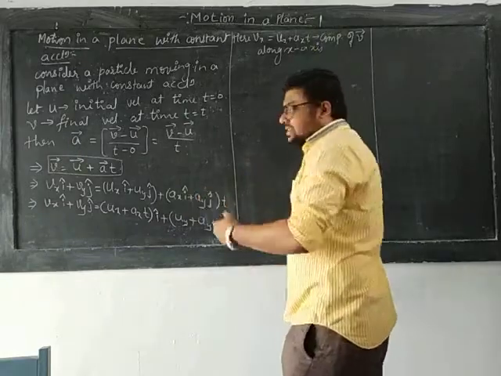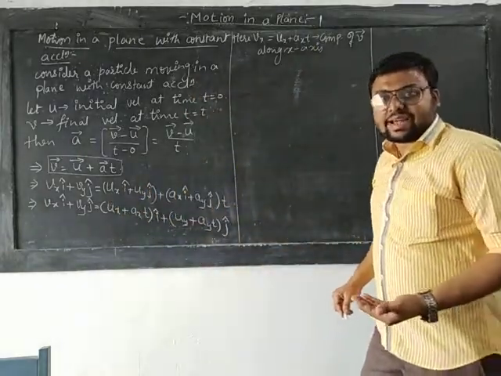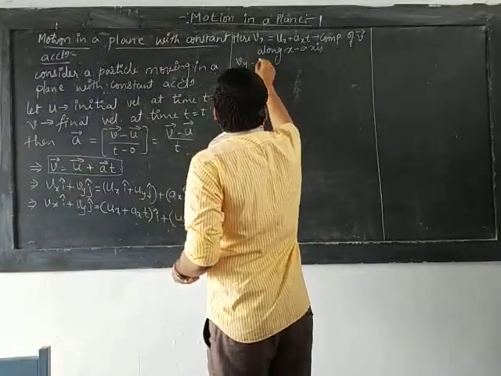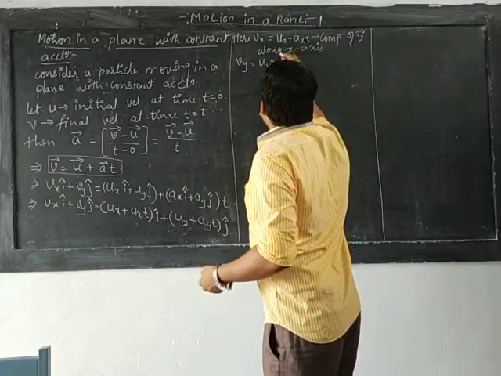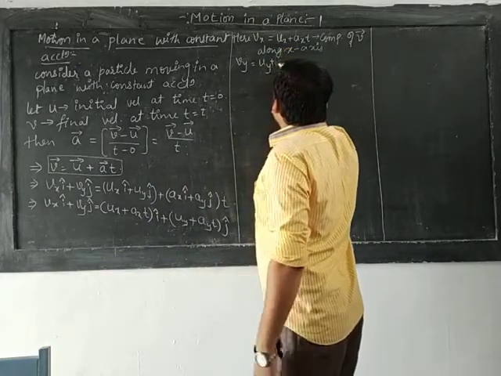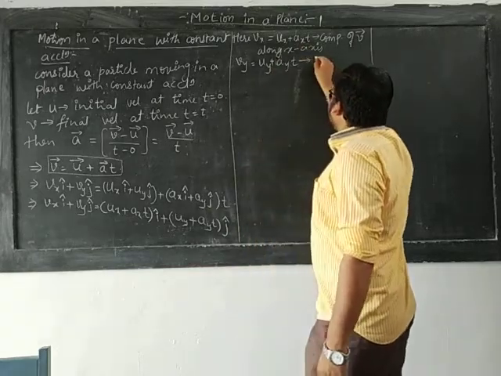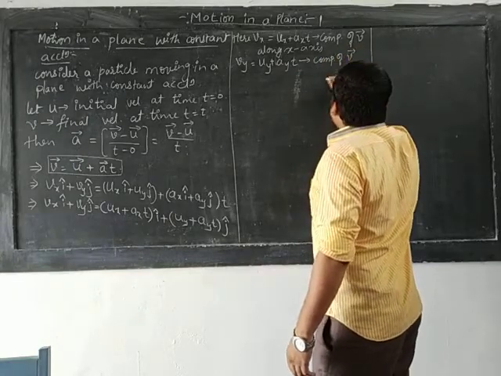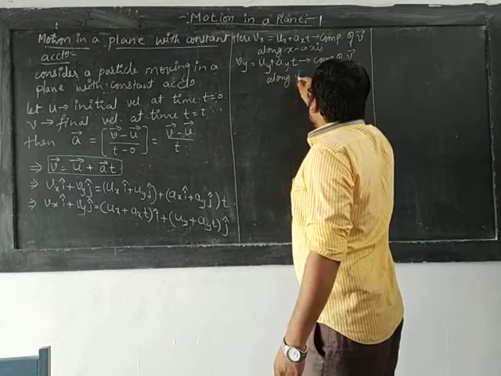Right? Similarly, compare the coefficients of j from LHS and RHS. You get vy is equal to uy plus ay into t. So this is the component of the velocity vector along the y-axis.